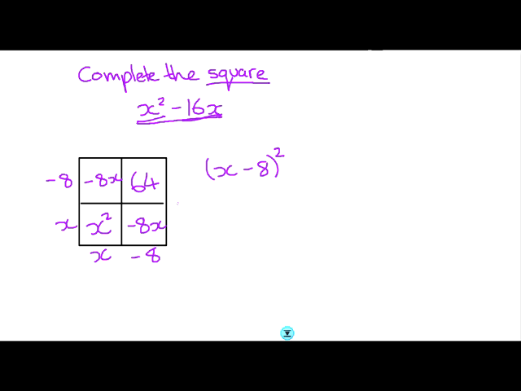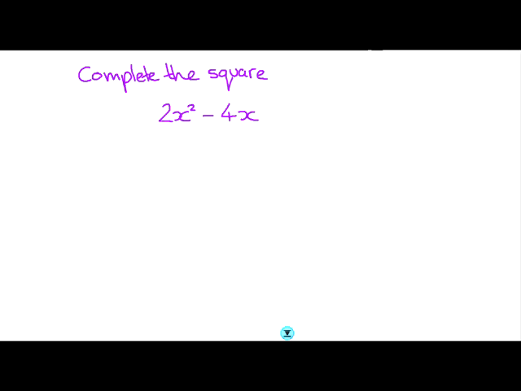But if we do that, we get this extra 64 that we don't want, so we simply take it away. And there is the answer. So you'll find if you expand these that these are both exactly the same. The starter question here and our answer are exactly the same. They're equivalent.